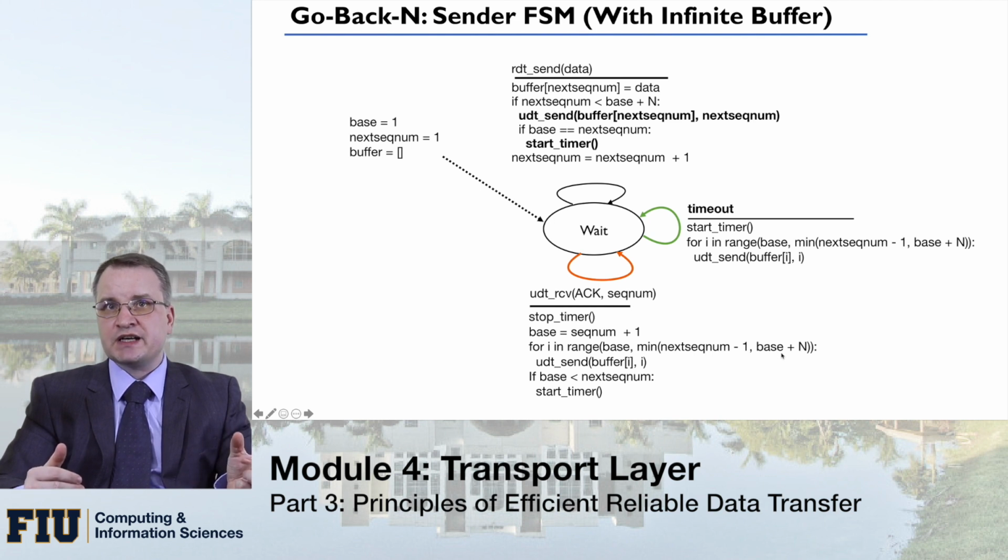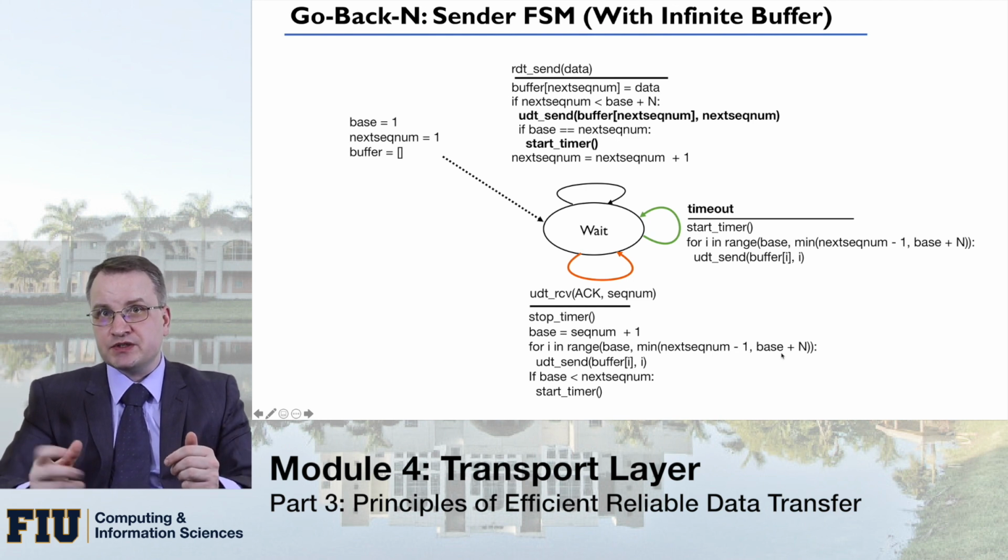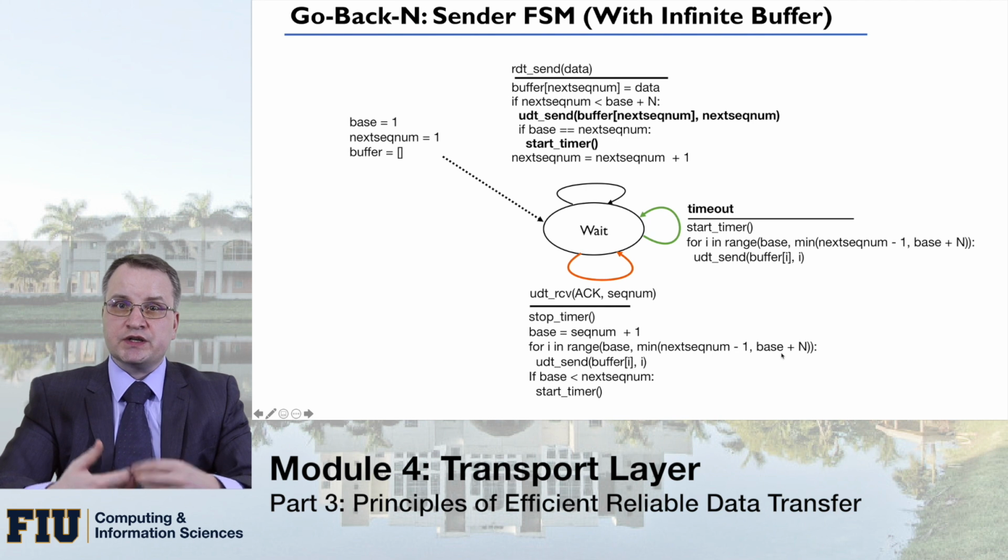For the first action, if you receive something from the application to send packets, as a first action, we buffer this packet. And if we have enough space in our window to send packets, which is represented by base plus n and the next sequence number, we simply start sending the packet and advance the next sequence number. So the next time the function is called, we can use the proper sequence number.